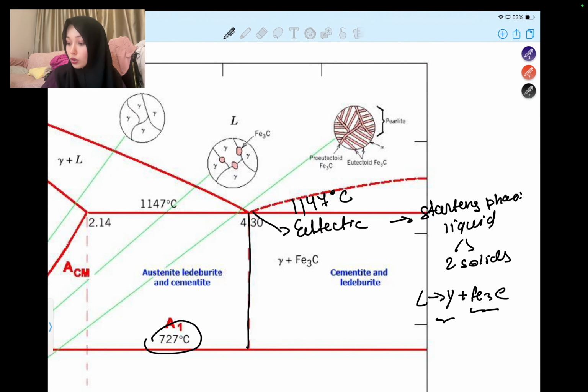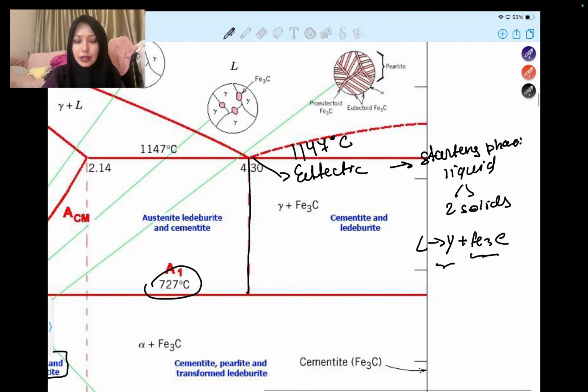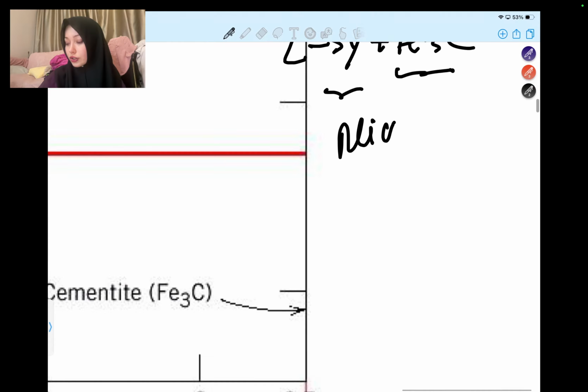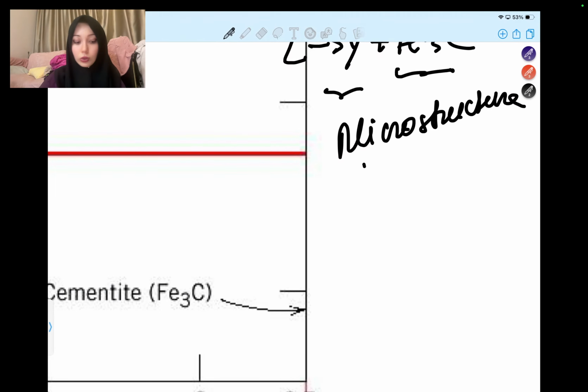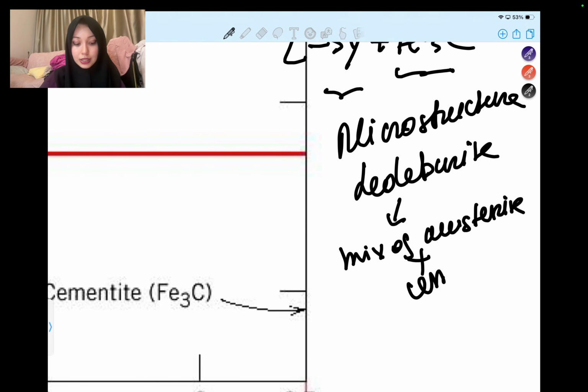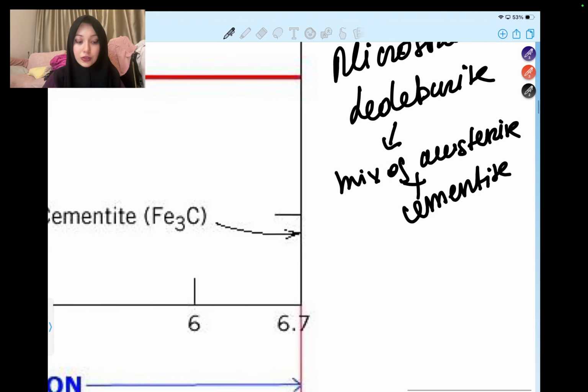Okay, so at this point, what microstructure forms? It's an interesting question, because the microstructure that forms in eutectic would be called ledeburite. So ledeburite is a mix of austenite and cementite, and it is formed from eutectic reaction.